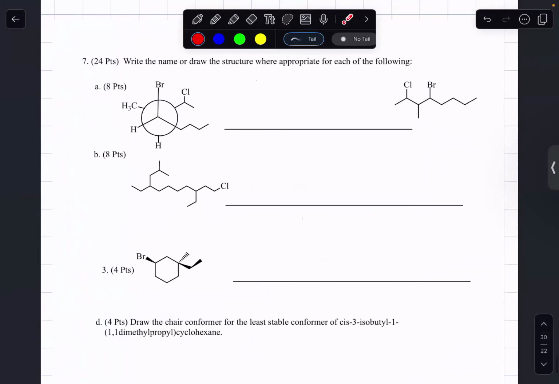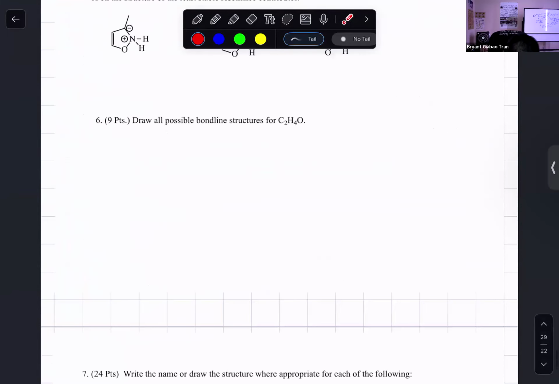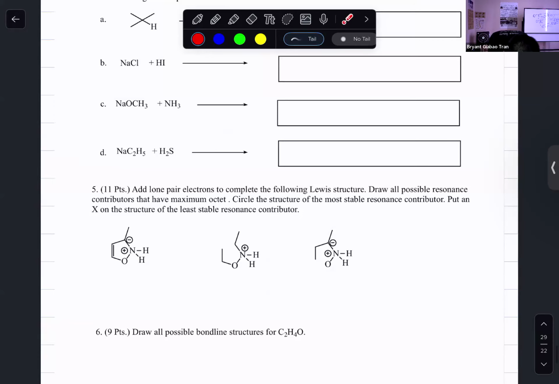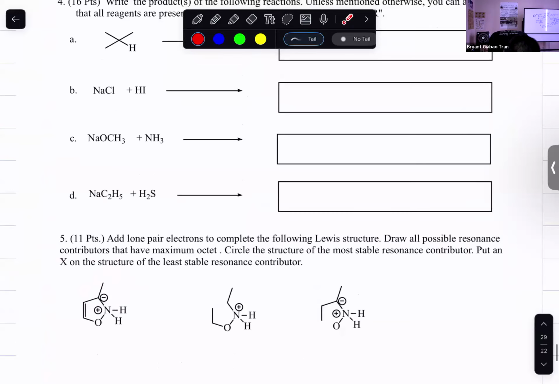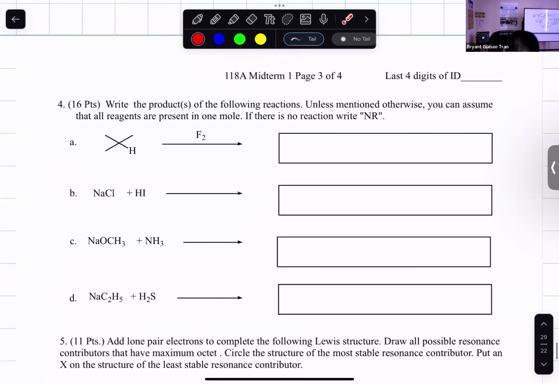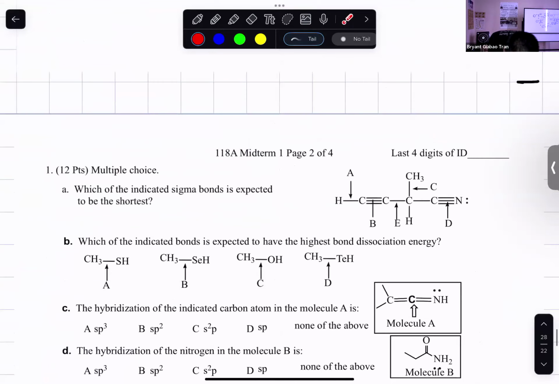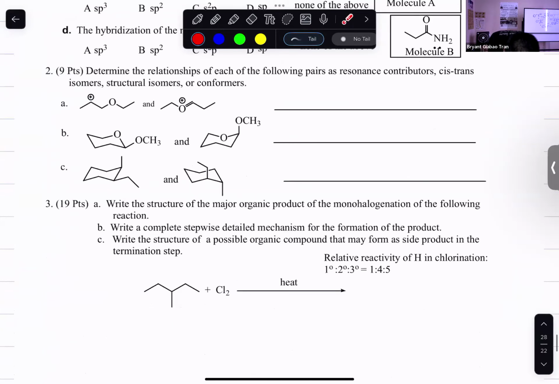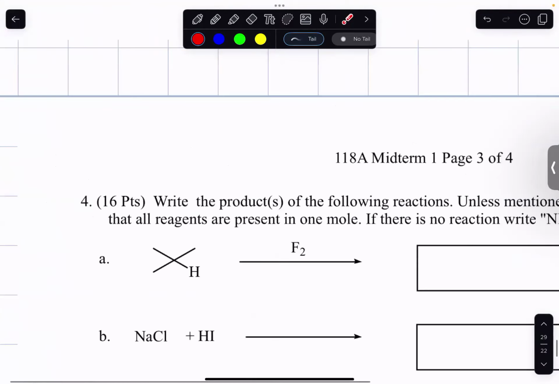This is nomenclature. This is chair conformer. Bond line structure for C2H4. Lone pairs of electrons, dual structure, reaction. Okay, let's do the predicted product reaction. Oh sorry.